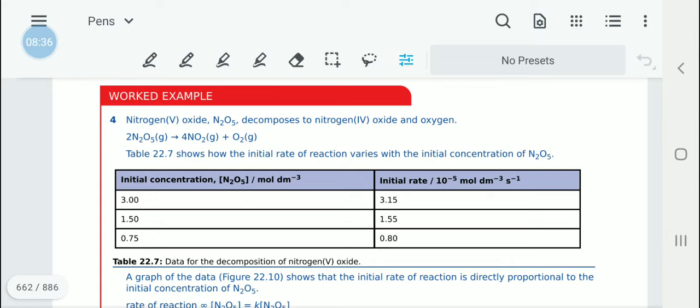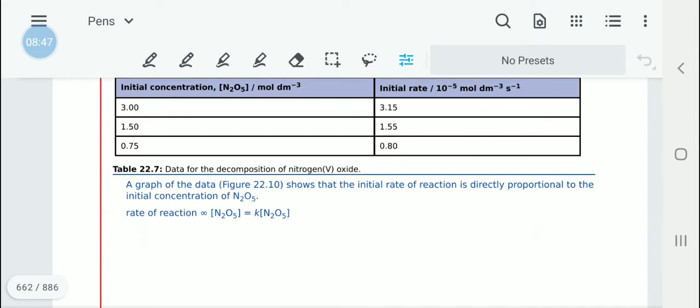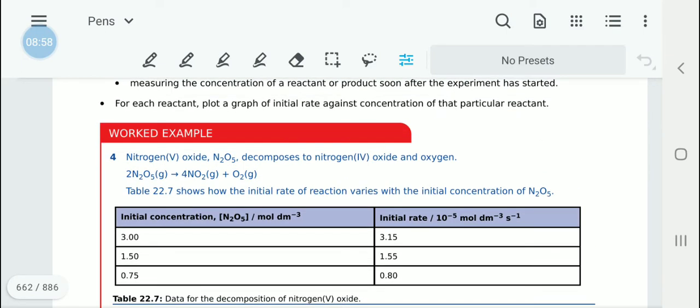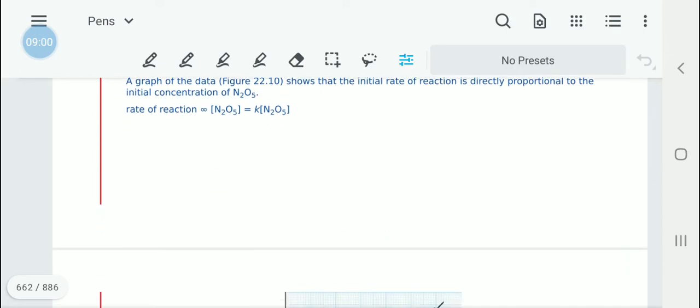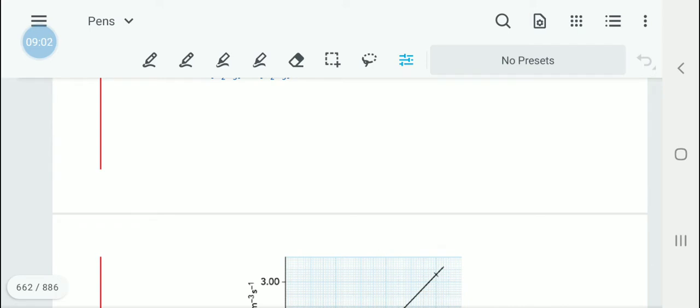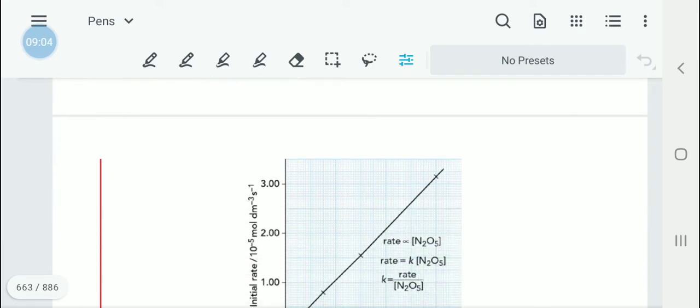Then when the initial concentration has dropped from 1.5 to 0.75, more or less the initial rate has decreased by half as well, to 0.80. So this shows us that the initial rate of the reaction is directly proportional to the initial concentration of N2O5, because only N2O5 is there, and it is a 1-to-1 reduction.